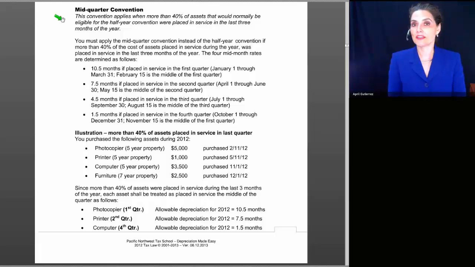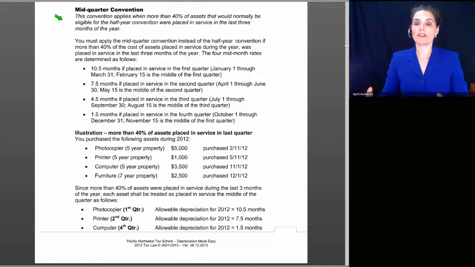Well, is an HVAC system eligible for the half-year convention, folks? The answer is an HVAC system is not eligible for the half-year convention, nor is any other form of real estate. So when you're looking at the value of assets placed in service during the year, you will never factor in the cost of any item that is deemed to be real property. You're only going to look at personal property that is eligible for the half-year convention.